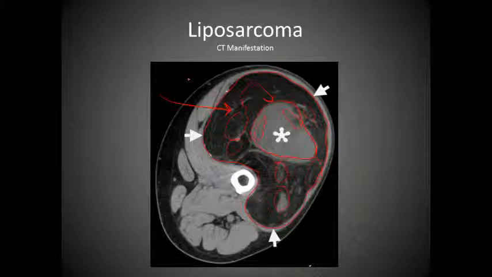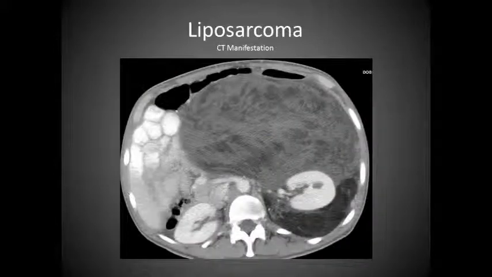And based on the location, it could either be humerus or femur. The bone looks a little small to be the femur, so very well could be the humerus that you're seeing here. Here is liposarcoma, that is an abdominal mass, and here you can see the entire border.